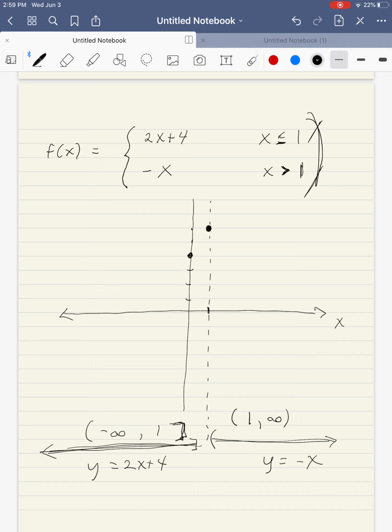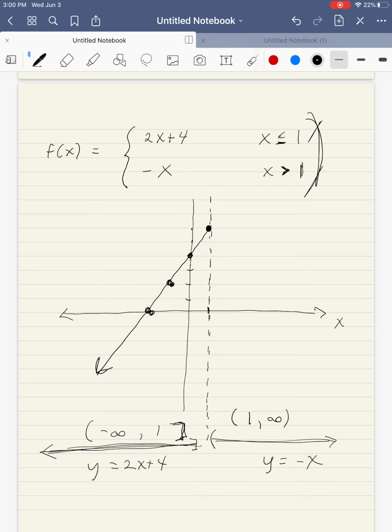That's what this bracket means. That's what this equal sign means. So I do have that ordered pair. And then I would have the infinitely many points if I went down 1 and left 1, and down 2 and left 1, down 2 and left 1, and so on. This would go forever in this direction.